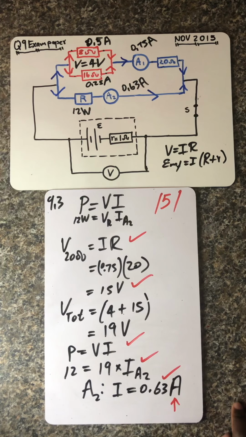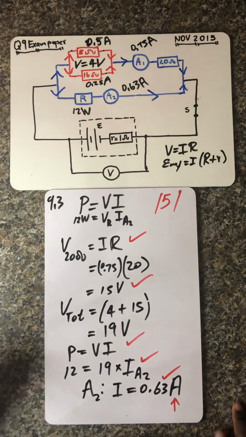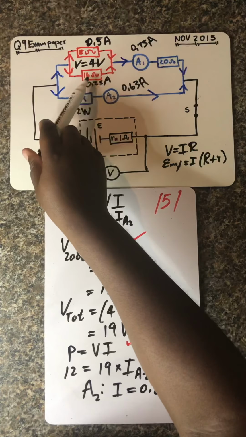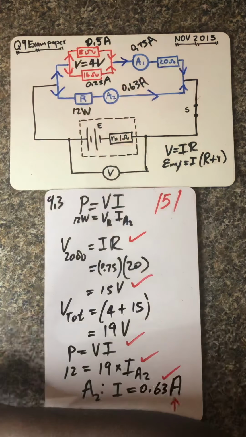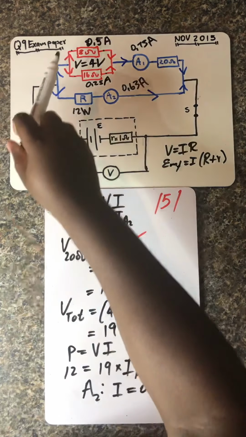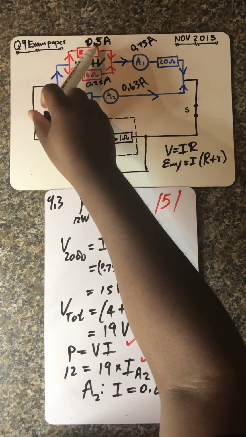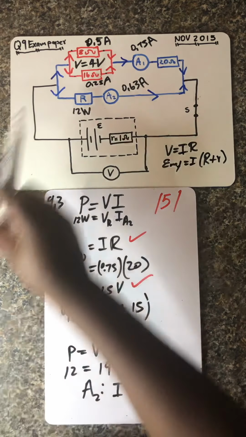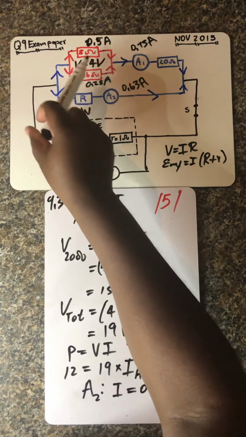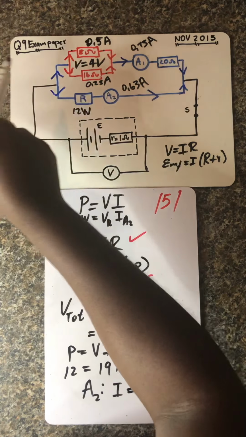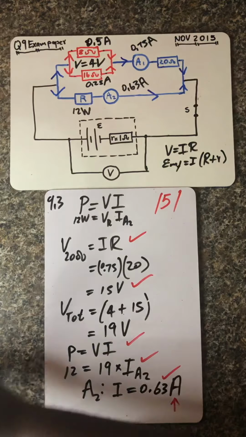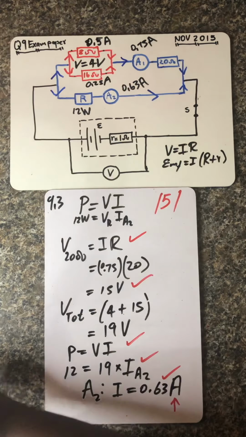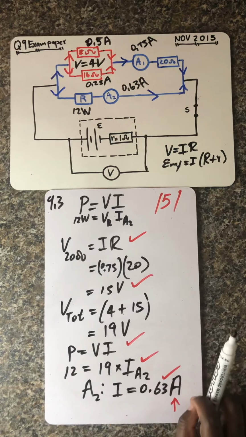Can you see there on that branch, we've got a 16 ohms resistor, we've got an 8 ohms resistor, you've got 0.5 amperes, you've got 0.25 amperes. So can you see more current is flowing through the resistor which has less resistance, and less current flows through the resistor which has more resistance.